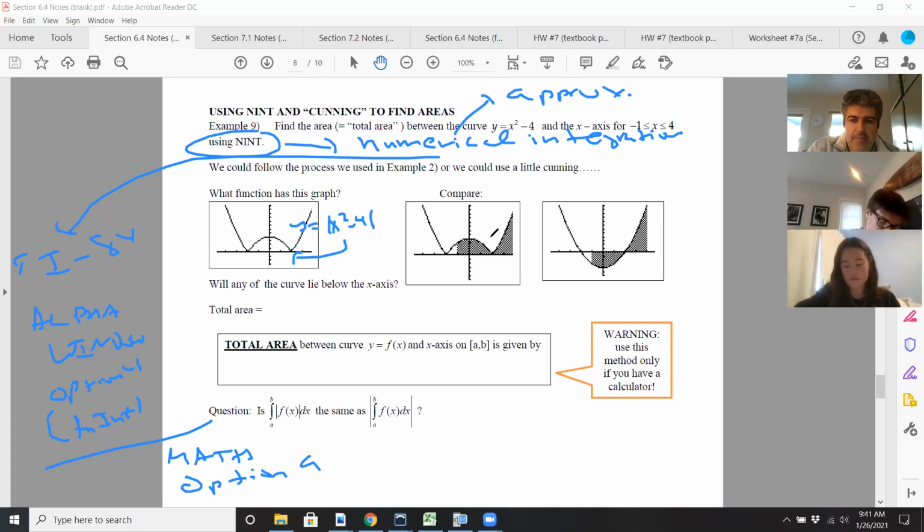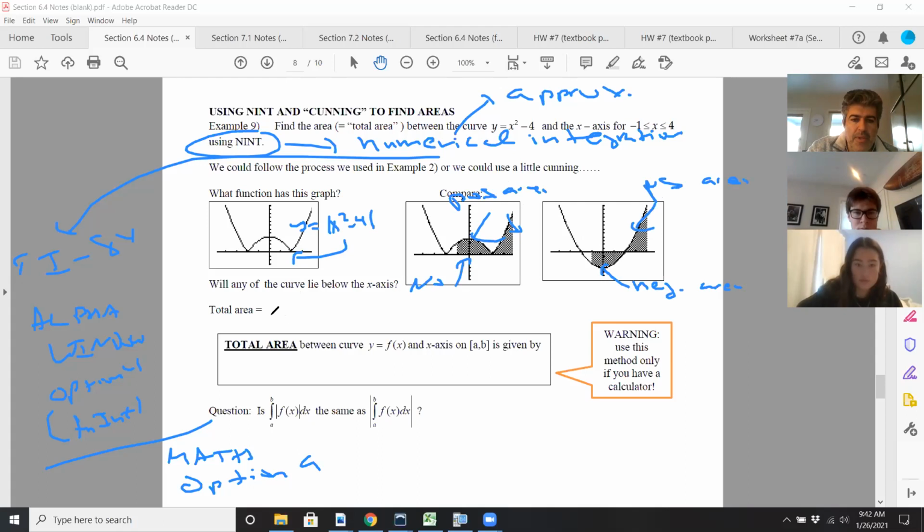This was a negative area, and of course, that was a positive area right here. Now, you have two positive areas when you do the absolute value. So will any of the curve lie below the x-axis? No, as you see right there.